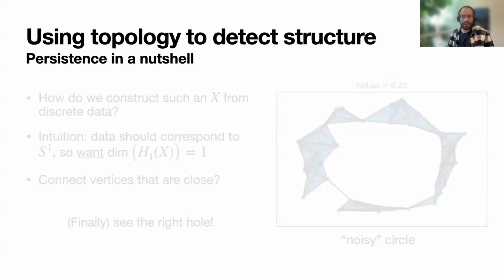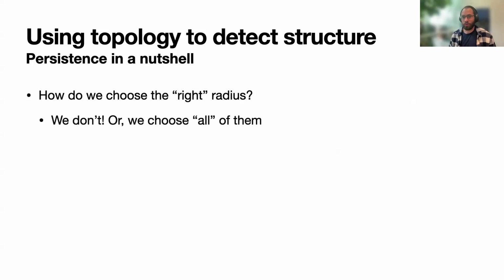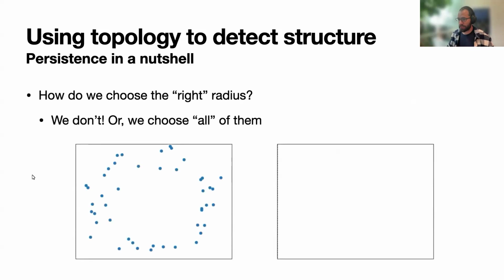So in the case where data is coming to us from a neuroscientist, how do I possibly know how to choose the right radius? And the answer is that we don't, or depending on your philosophy, we choose all of them. So I'm going to show you a video now, and what we're going to do is systematically grow those radii, systematically grow the balls around data points, and that'll give me a sequence of these simplicial complexes, one for each choice of radii, and I will compute the homology of each of those simplicial complexes.